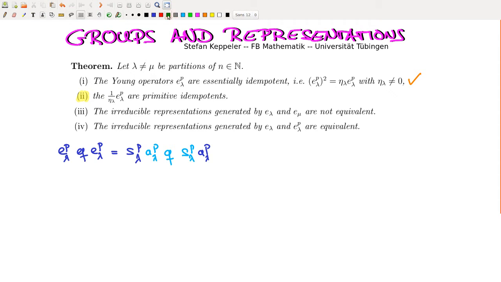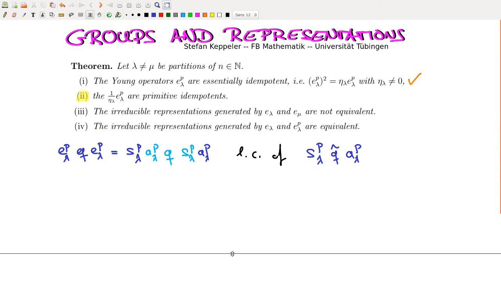So what we have to study is really, the whole thing is linear combinations of terms of the following kind, and these are the terms we have to study. So that's S_λP, and then let's say some other permutation Q tilde, A_λP.